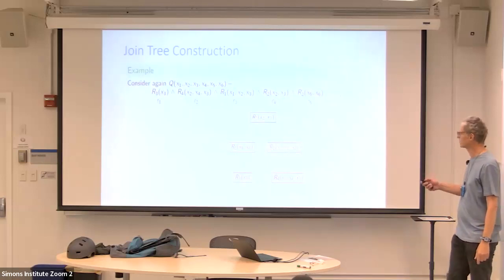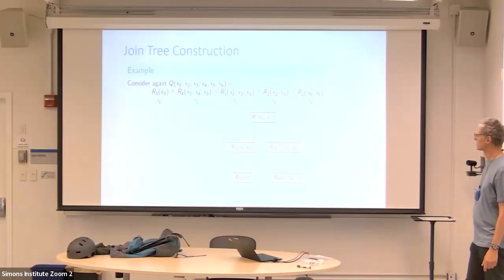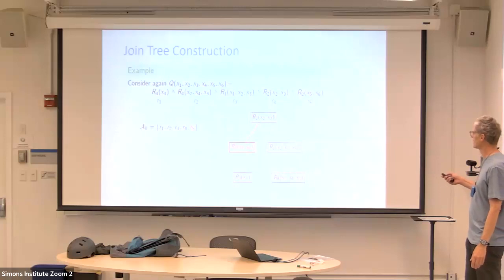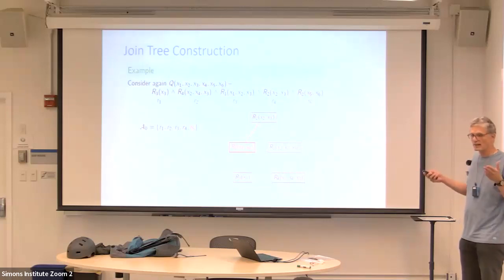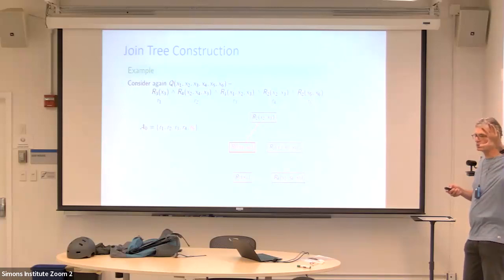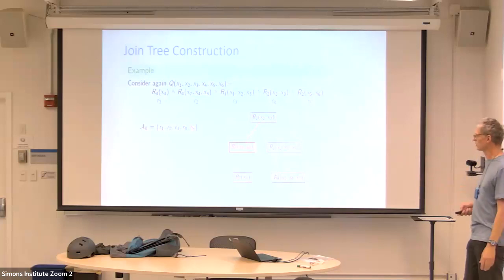Let's give names to these atoms, lowercase r1 through lowercase r5, and we start off with the full set of atoms. We notice that R5 has variables only occurring in R5. So we can either take it and construct a new join tree from it, or we can append it anywhere in the tree. Here I decided to append it anywhere in the tree. Both is fine.